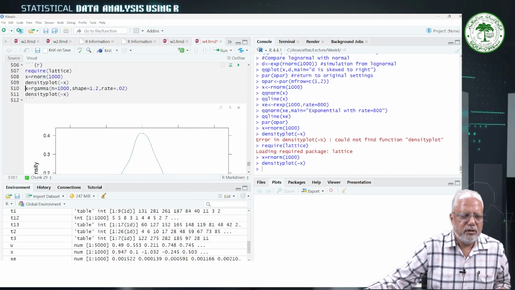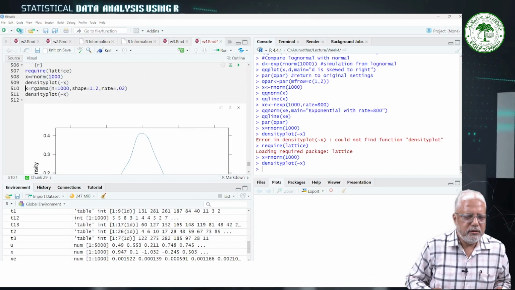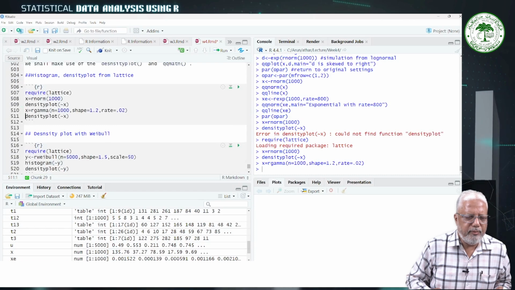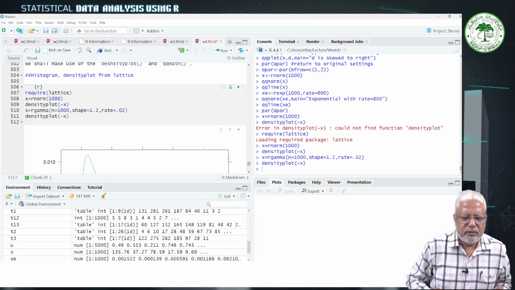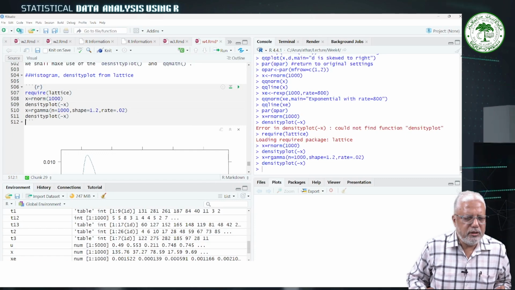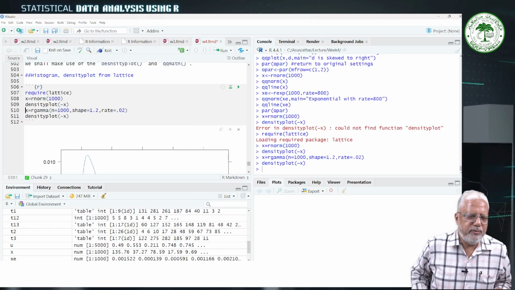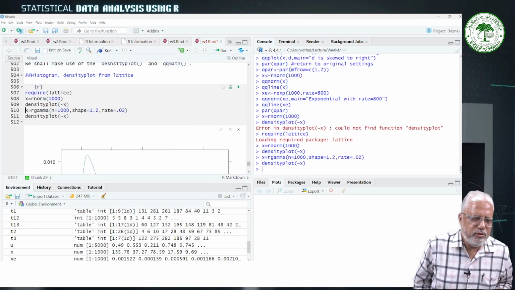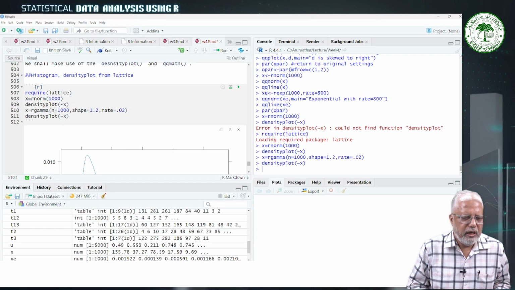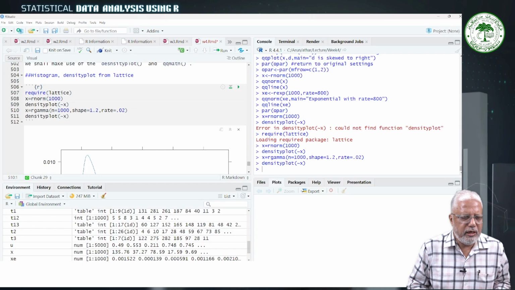Similarly, to run rgamma, see, these are the observations from a gamma random variable, 10,000 observations, shape equal to 1.2, rate equal to 0.02, and then we define densityplot.